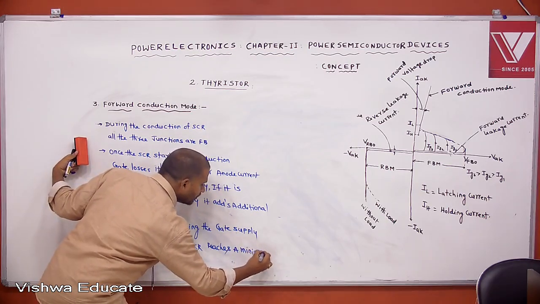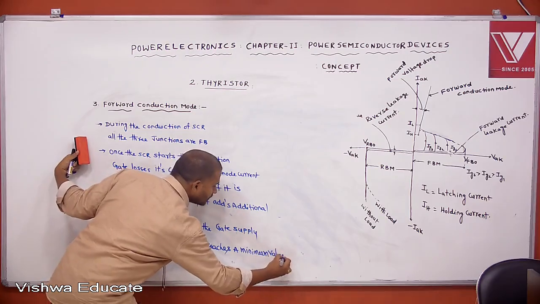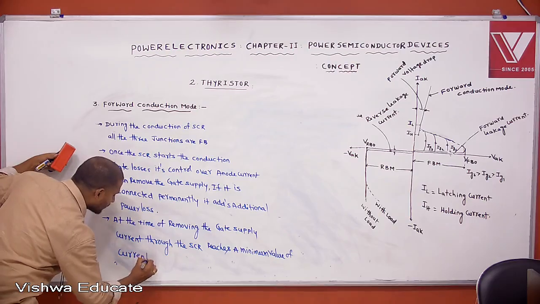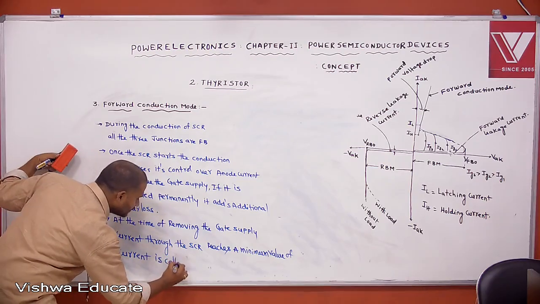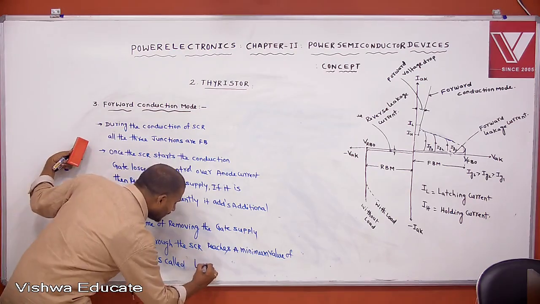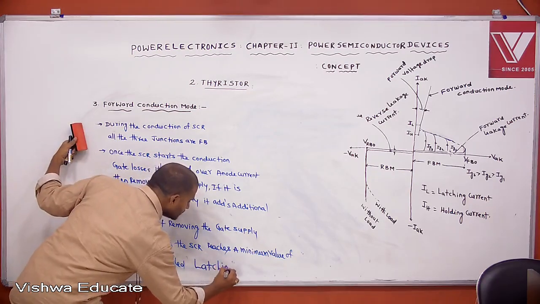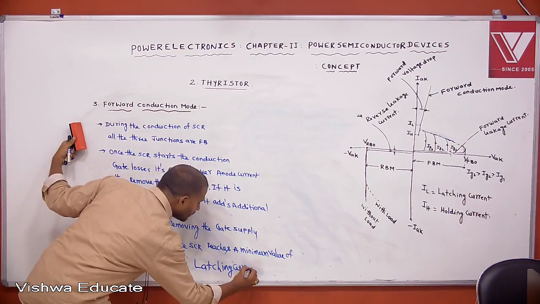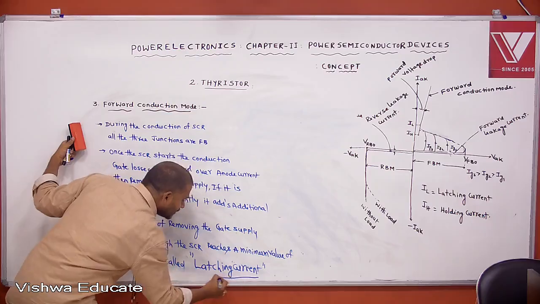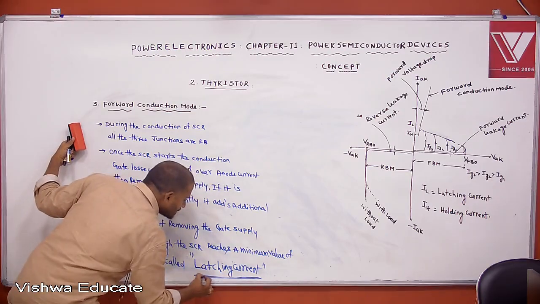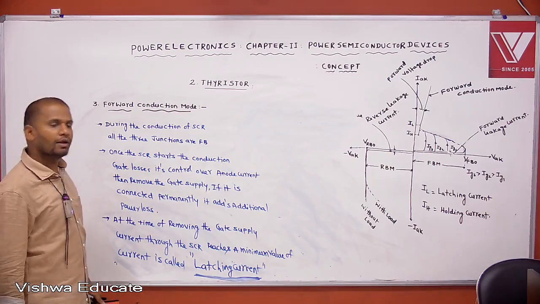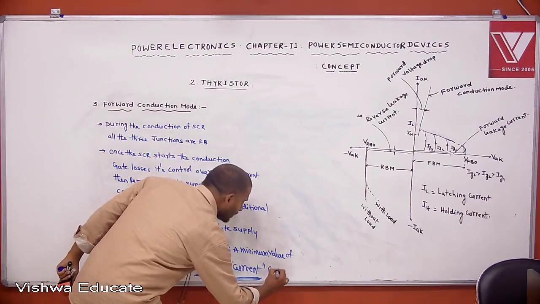The minimum value of current is called which current? Yes, answer: latching current. Very important. It is the minimum current through the SCR at the time of removing the gate supply, called latching current IL.